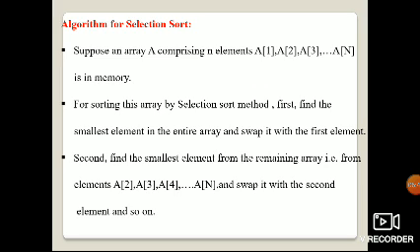Second, find the smallest element from the remaining array, that is from elements A of 2, A of 3, A of 4 up to n, and swap it with the second element, and so on.